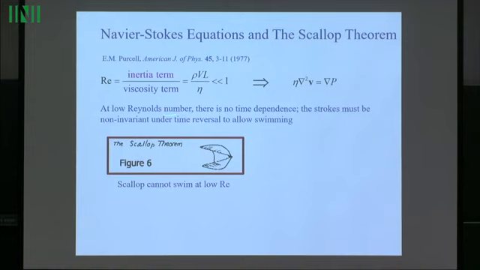Then when you neglect the corresponding inertia term, just because of the smallness of Reynolds number, then all you have left out of the Navier-Stokes is just the Stokes equation. And if you look at it, you notice that there is no time in this equation. And as he argued, this means that at low Reynolds number, the swimming cannot rely on inertia.